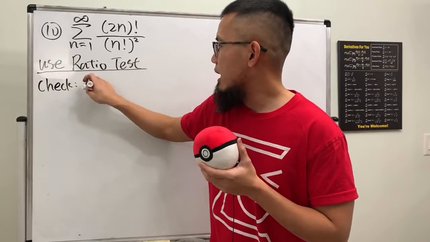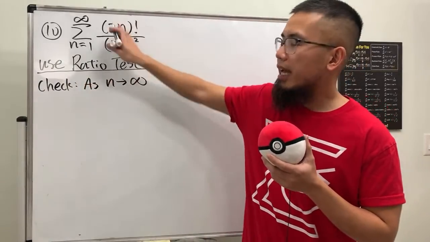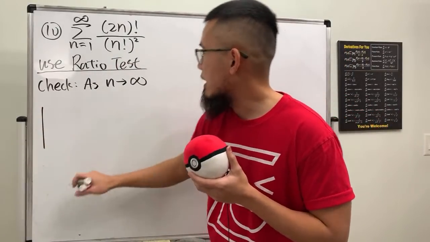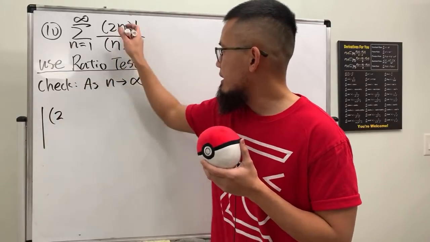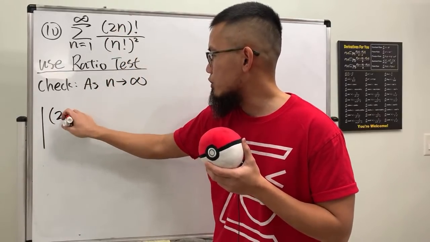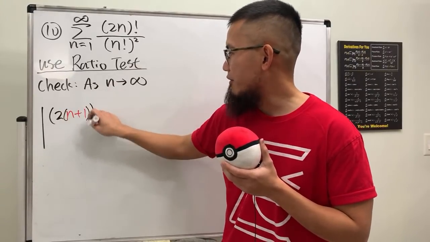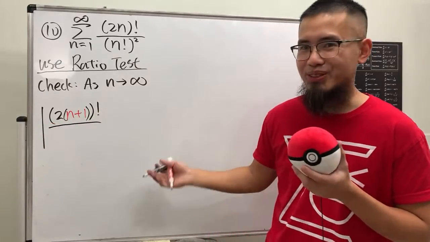We check as n goes to infinity. Go ahead and write this as a sub n plus 1. So let's have the absolute value. Parentheses, we have 2, and the n becomes n plus 1. So just do that carefully. This right here is slightly algebra heavy, but it's not so bad. At least we know what test to do, right?